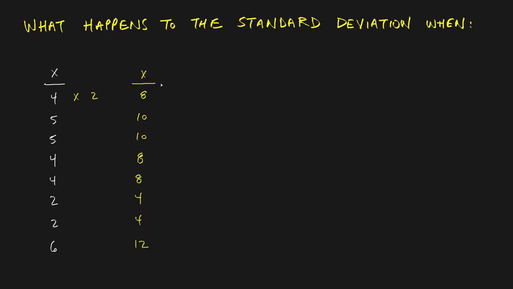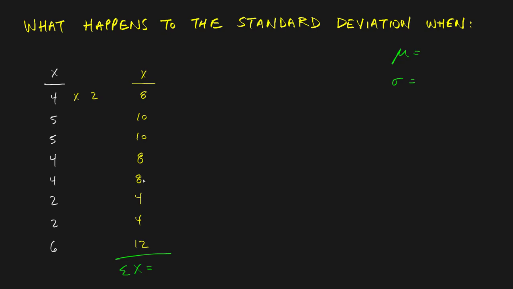Okay, so once again, what I'm going to do is find the mean and the standard deviation. So let's find the mean and the standard deviation. Okay, so to find the mean, I need to know my sum of x. And if you go through this data set here, let's see, 8 and 10 and 10 and 8, that's going to make 36.